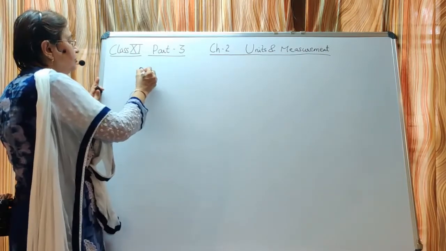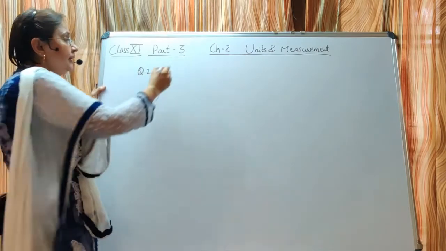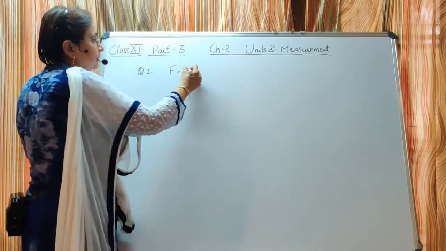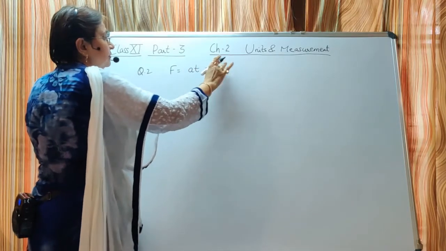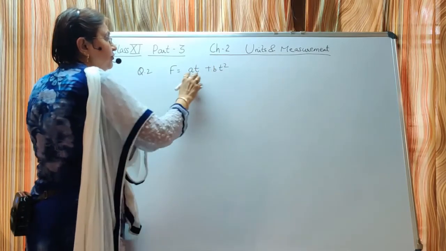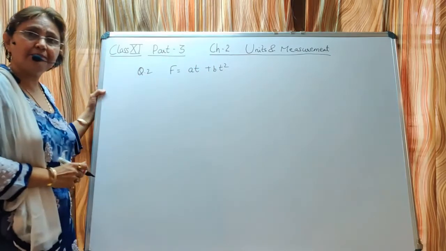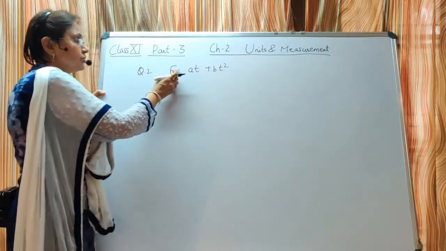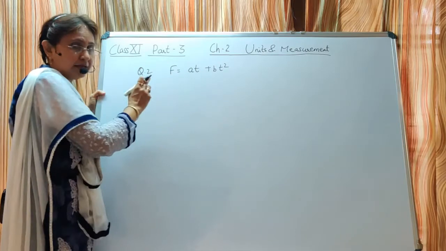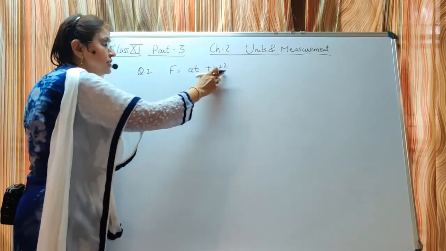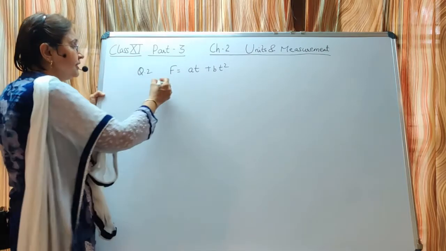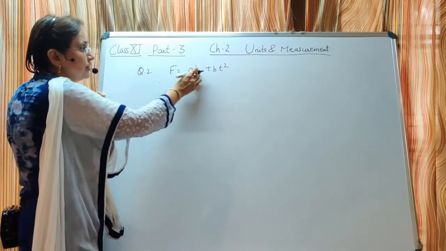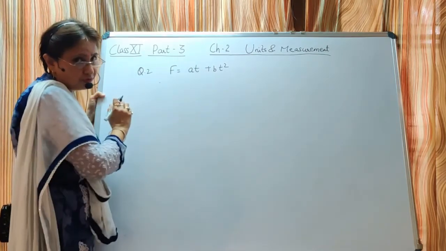Okay, question number 2. Let force be given by AT plus B into T square, and you have to find out the dimension of A and B. Again we know that the dimension of each term on the right hand side should be equal to the dimension of left hand side. So here A into T should have the dimension of force.